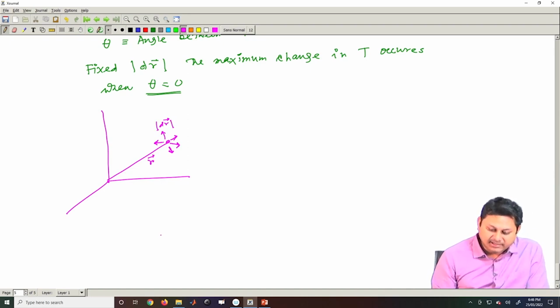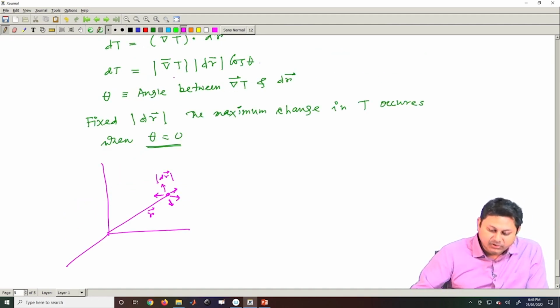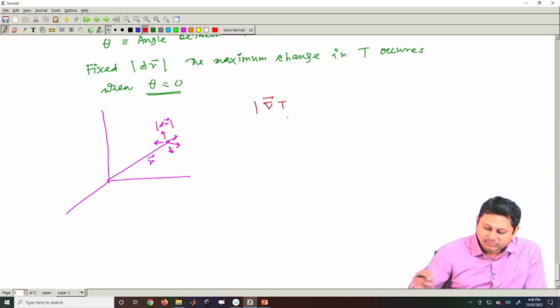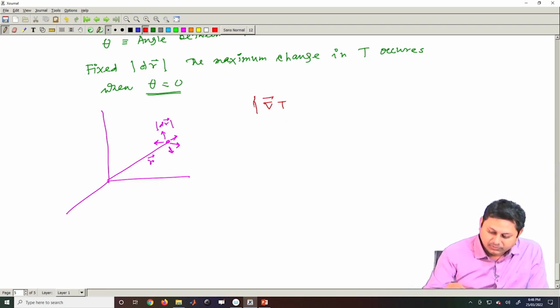Now, in that condition, if I move dr in the direction along this vector quantity, then it ensures that the change of dT is maximum.